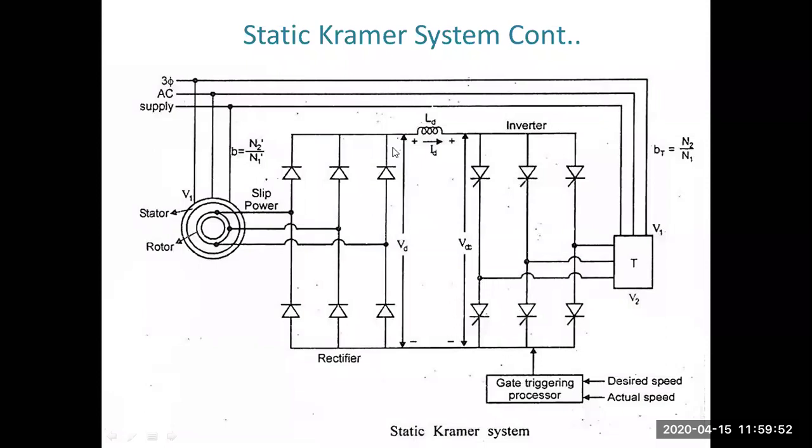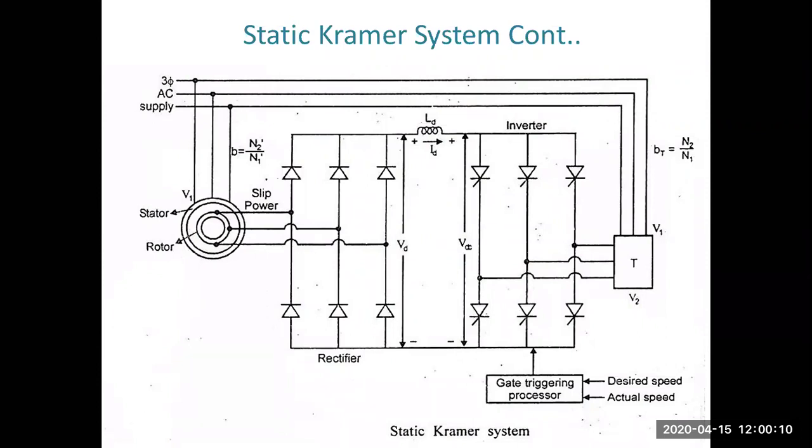And this output current ID will pass through the inverter, which is again a three-phase controlled inverter. Or you can use a three-phase controlled converter here, working in inversion mode. There is no need to use a practical inverter here.